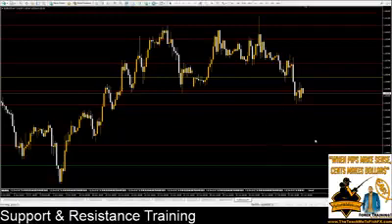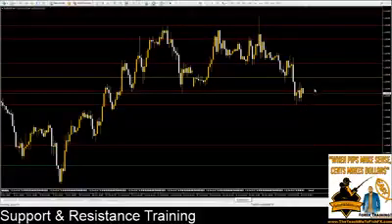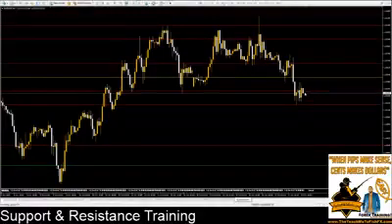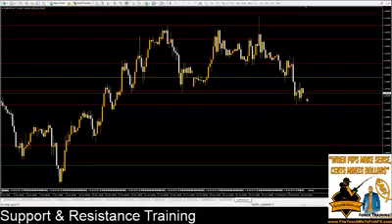Alright, and so we see here we are at a red support slash resistance. It just really depends on what we saw on the daily. So red for me is daily, yellow is weekly, and green is monthly.